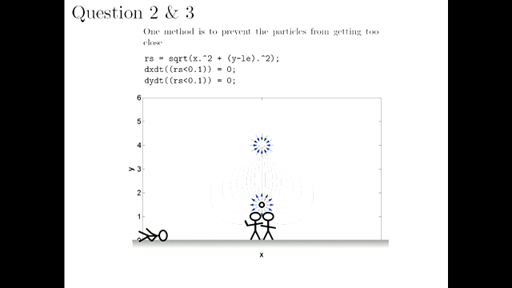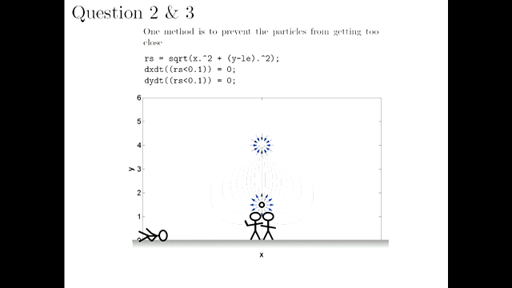So this logic statement at the top is saying that if that radial distance rs is less than 0.1, then I'm setting dx/dt and dy/dt equal to 0. Okay, so once all of my particles get very close to that point sink, I'm just setting the velocity to 0, and then they're all just going to become fixed there.